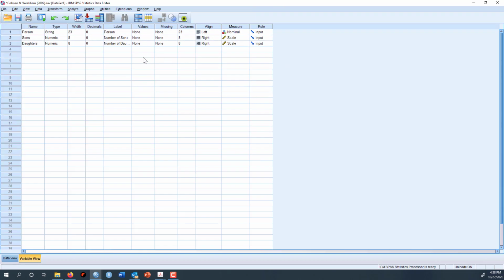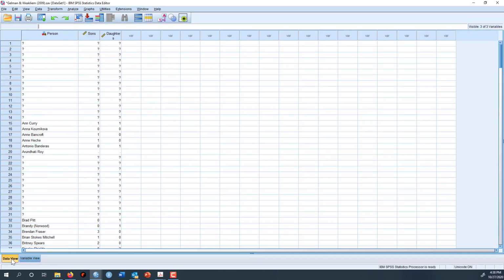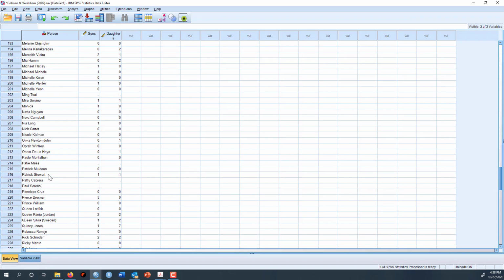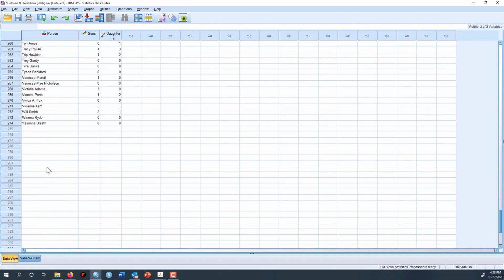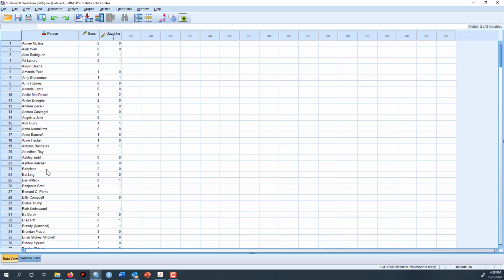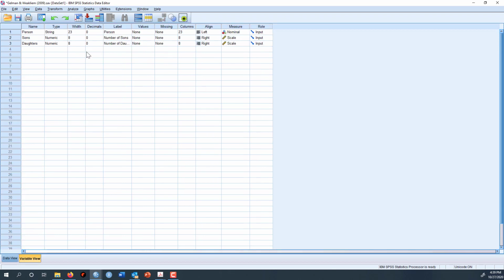So now we have our 50 attractive people. Wait, that's way more than 50. Oh, 274. So yeah, that's a lot of celebrities. I guess it must have been over a few years that they looked at the 50 most attractive celebrities.